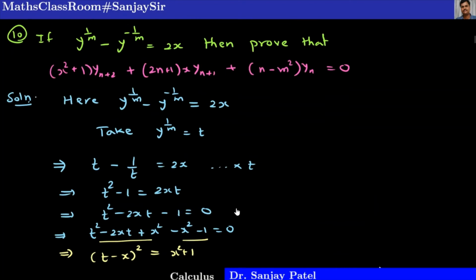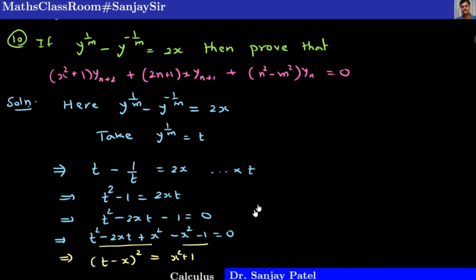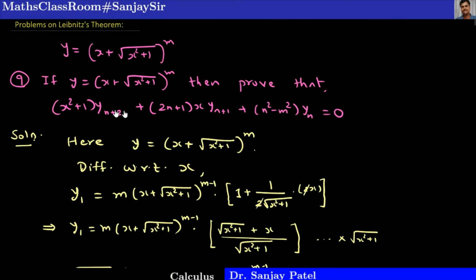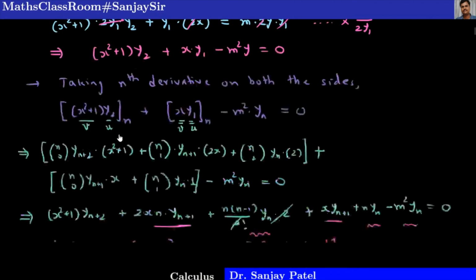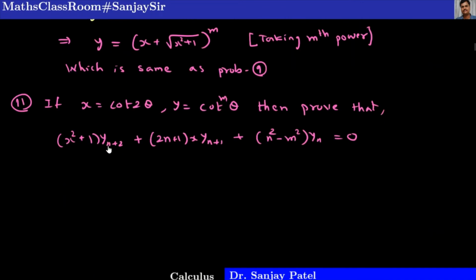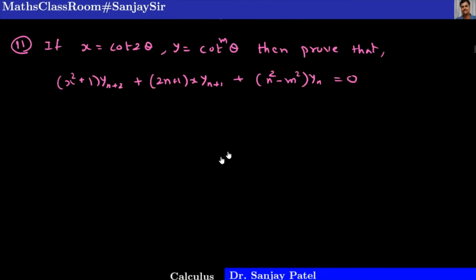So again, it is the same thing as in the previous problem. Here n square minus m square. Okay, so it is the same thing. We have to prove the same equation. So let us begin.